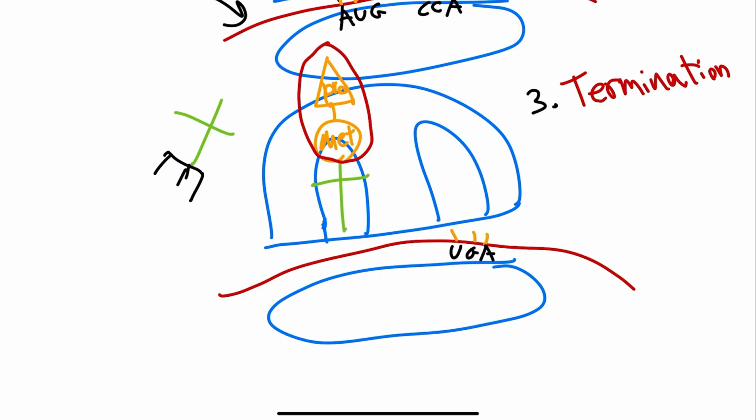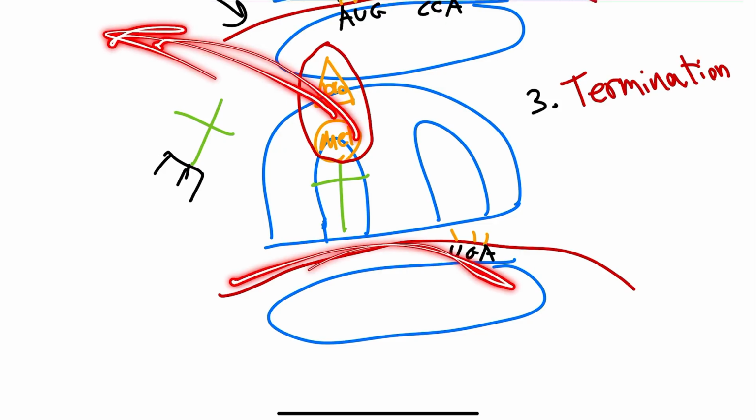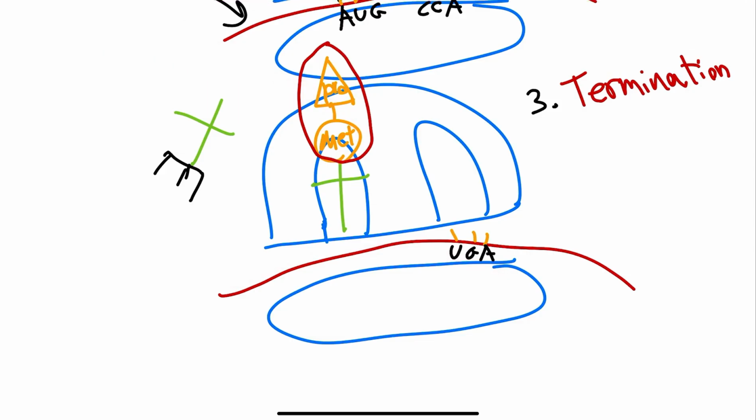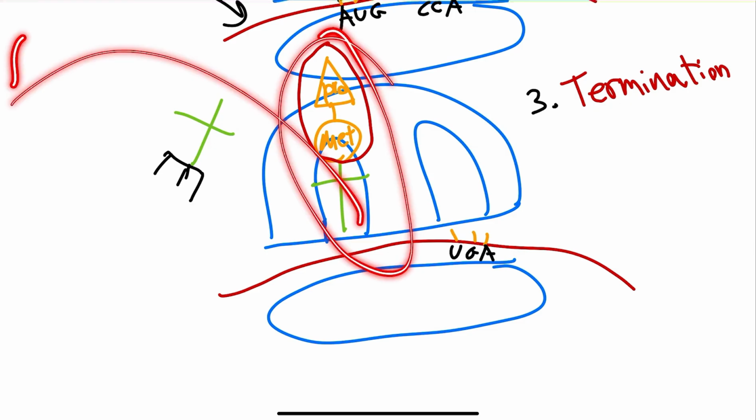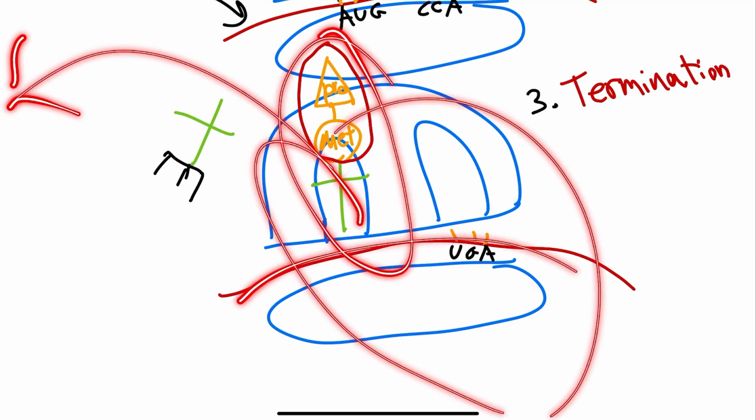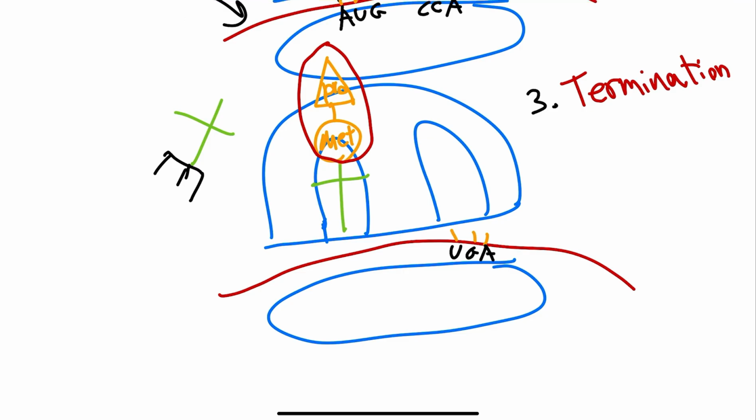It's going to release the peptide. And then it's ready for another mRNA to go in and translate it. So when we hit the stop codon, this is going to detach and leave, and the ribosome is going to be ready for another set of instructions, another recipe. So our cookies are done. We took them out of the oven. We're eating them outside of the kitchen and enjoying them.